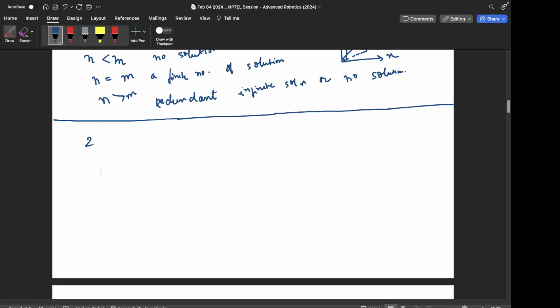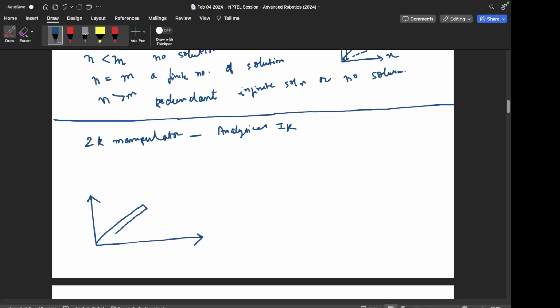What we will see is the 2R manipulator and its analytical IK. So let me first draw the diagram afresh and give very clear notation. I would suggest everyone to do this on your own, because this is one of the simplest manipulators and one of the most common classroom problems that you would solve.